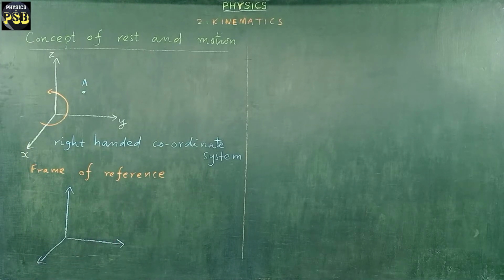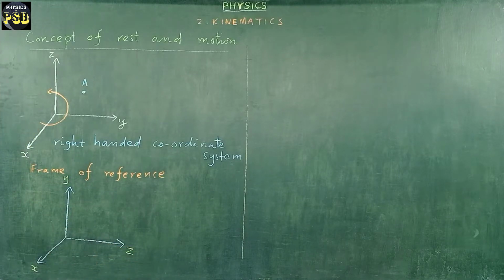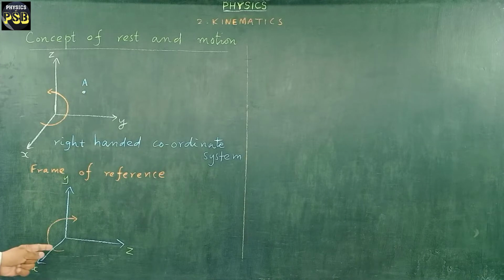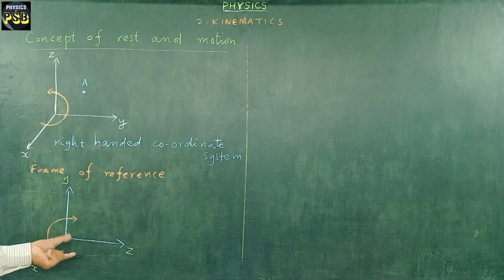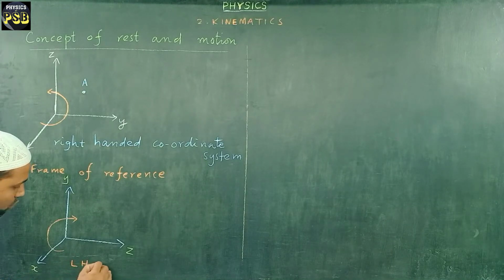But in this case, I take an x-axis here, y-axis here, and a z-axis here. Then the axes rotate in clockwise direction. We call this kind of coordinate system a left-handed coordinate system.